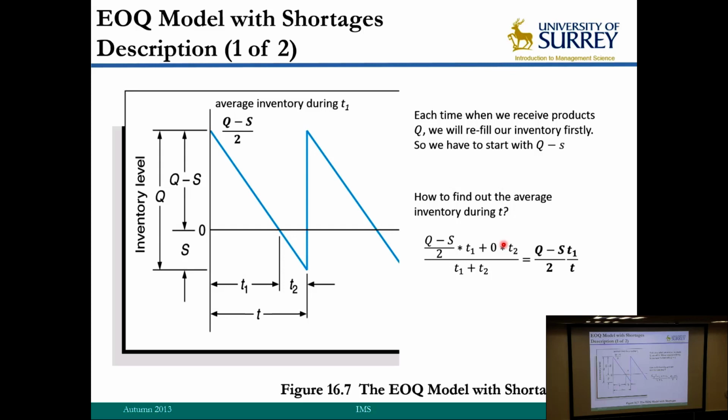So if we want to calculate the whole average level of inventories, we find this is the total amount for T1, and this is for T2, where apparently we have 0. And the total time is T1 plus T2, that's T. So basically, if we consider T1 and T2 being all zeros, the total average inventory level is Q minus S divided by 2 times the ratio of T1 to the total T. So this is the average level.